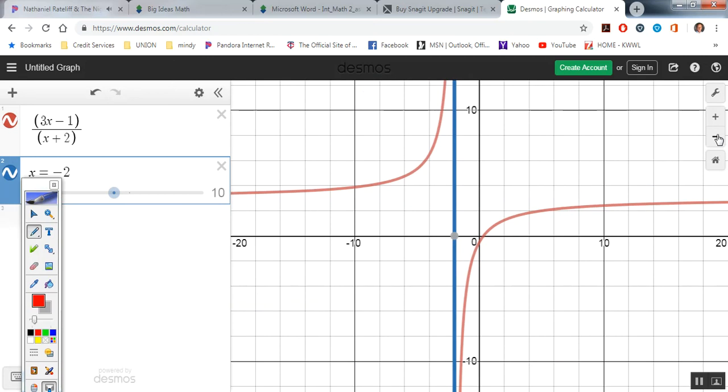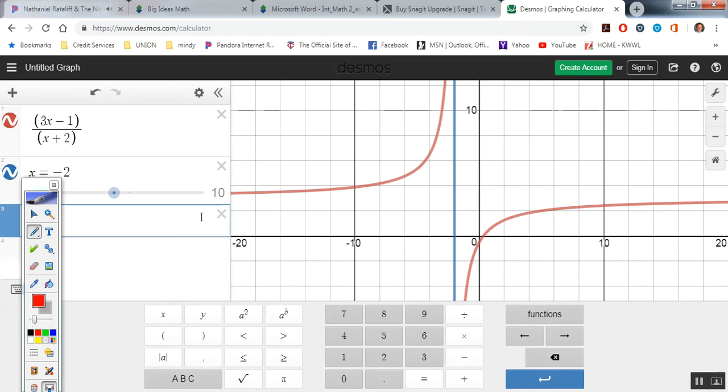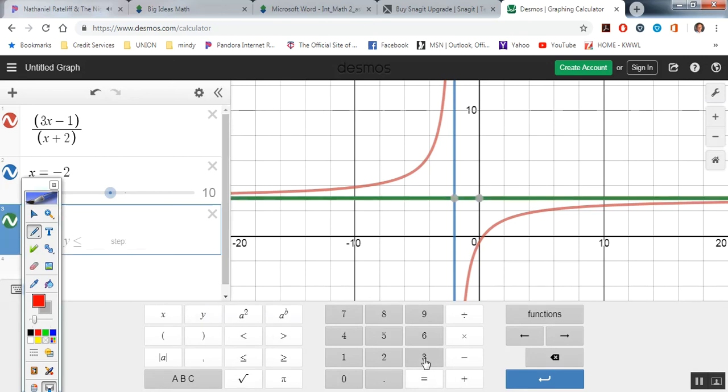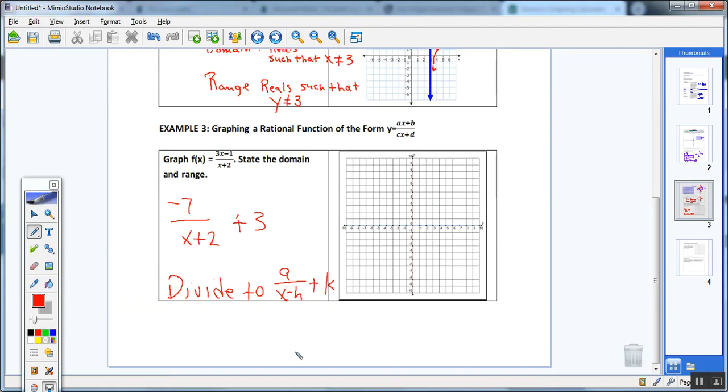Okay, where is the horizontal asymptote going to lie? Does that look like the right one? Okay, and we got that by dividing it and turning this into 3 is the constant out here, plus the remainder -7 over x plus 2.